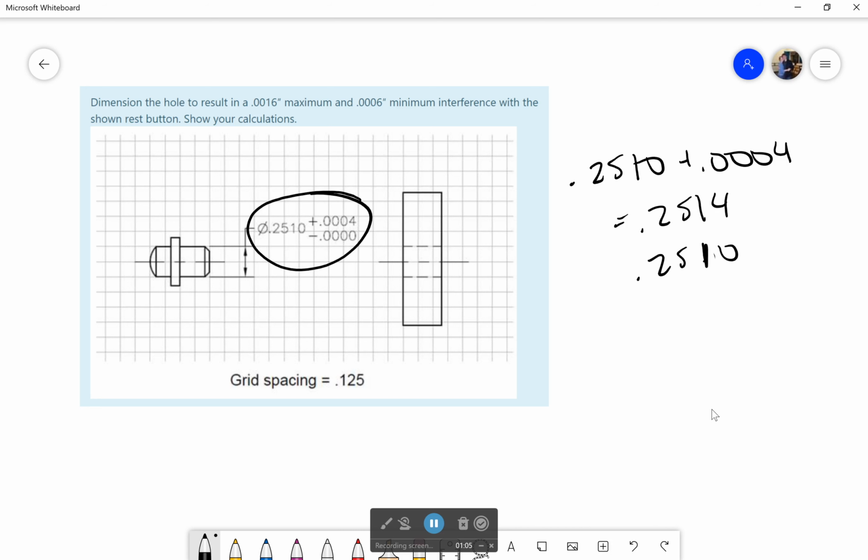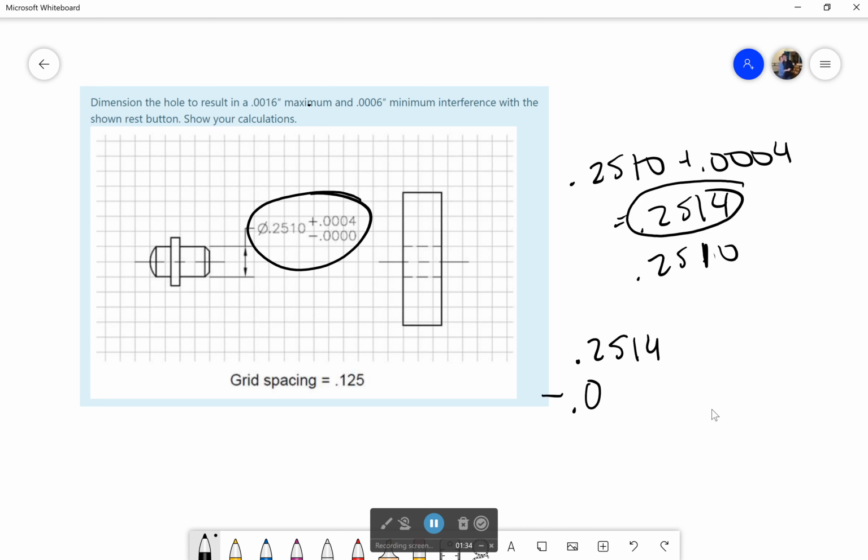Okay, so when we have the maximum interference, we're going to have the biggest shaft, and so our hole will need to make sure that we have that maximum interference. So that would be the smallest hole. Smallest hole, biggest shaft when we have this interference. So 0.2514. And what I really want here is I want to make sure that my hole is 0.0016 smaller than this.